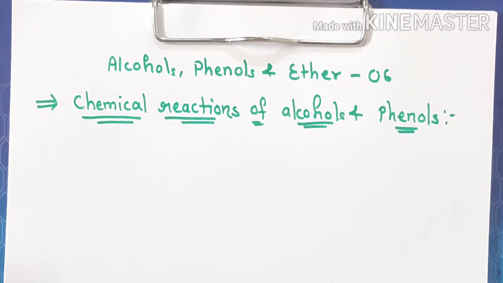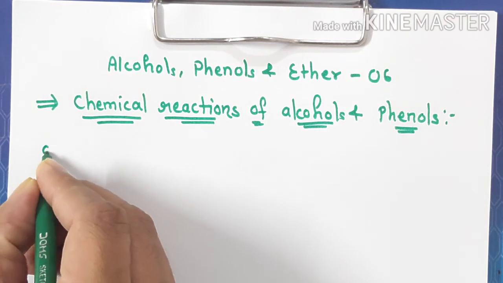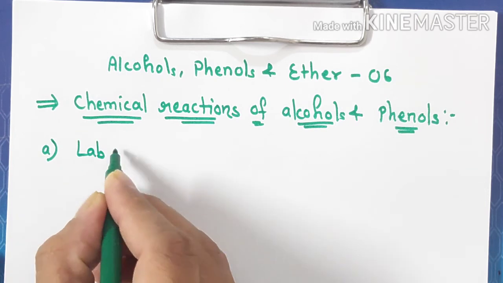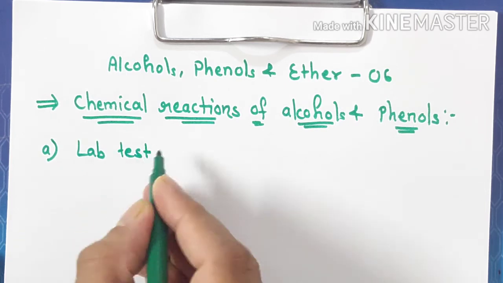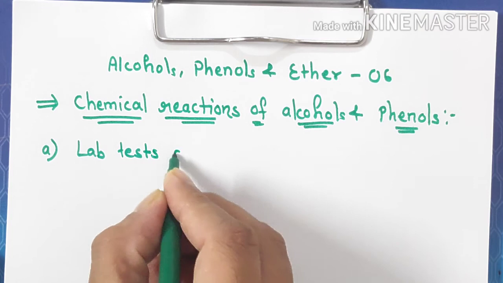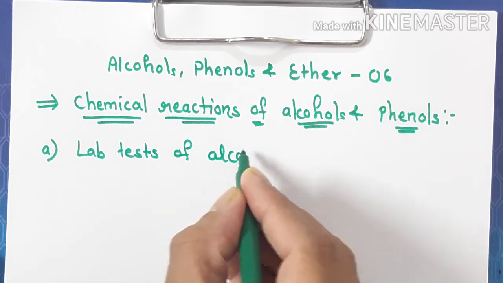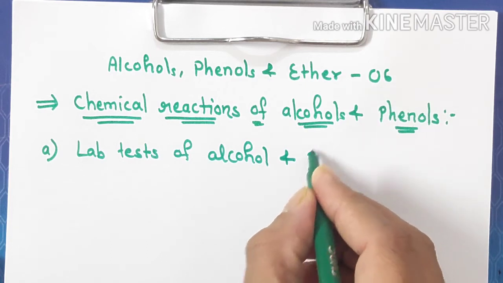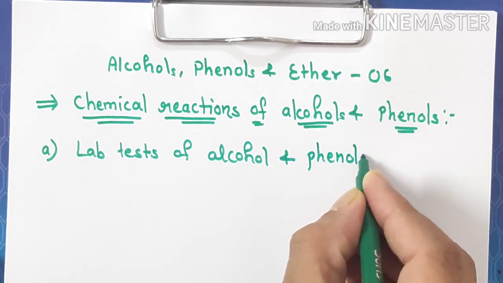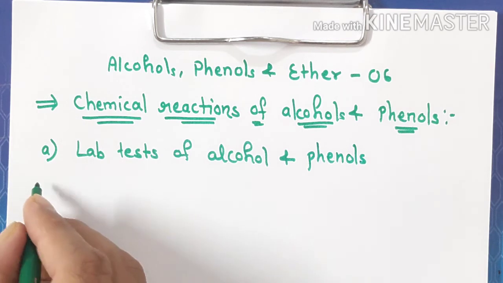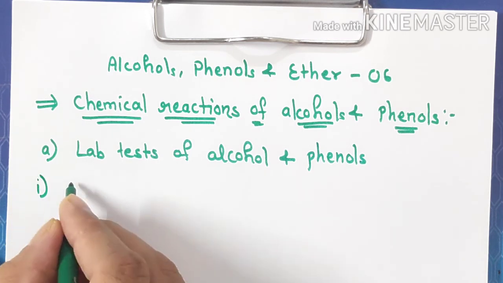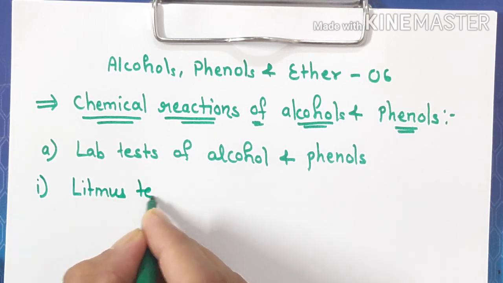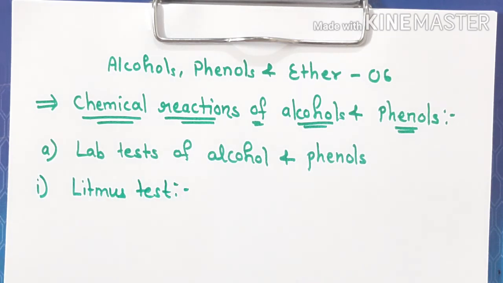In that, the first one, we are going to do the lab test of alcohol and phenols. First, we are going to do the litmus test for alcohol and phenol.